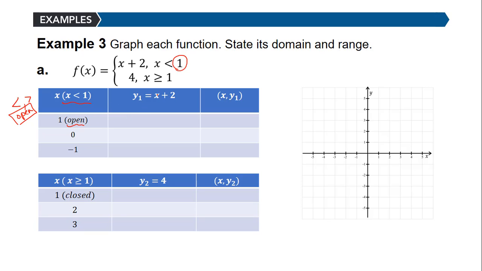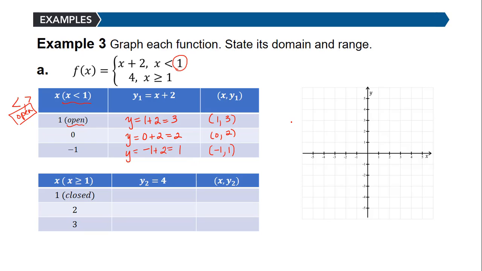So if y is equal to x plus 2, when x is 1, we get y is equal to 1 plus 2, or 3. When x is 0, we get y is equal to 0 plus 2, or 2. And then when x is negative 1, we get negative 1 plus 2, or 1. So we have the ordered pairs 1, 3, 0, 2, and negative 1, 1.